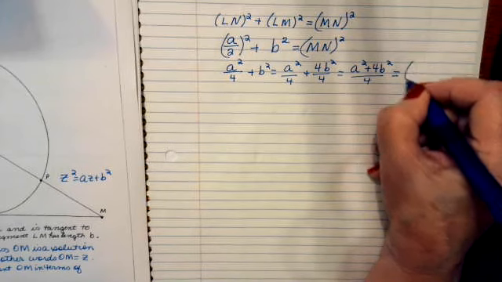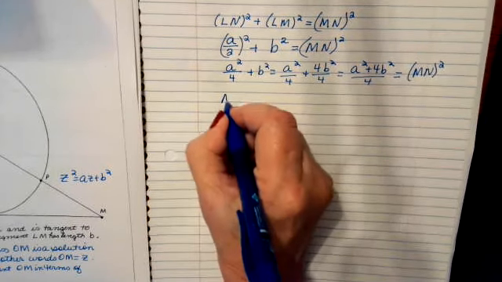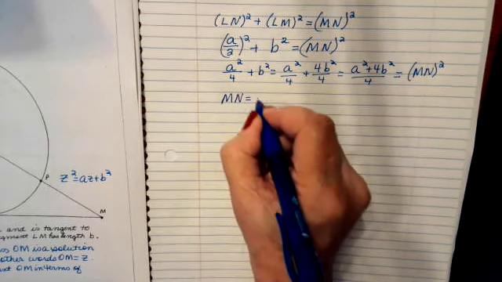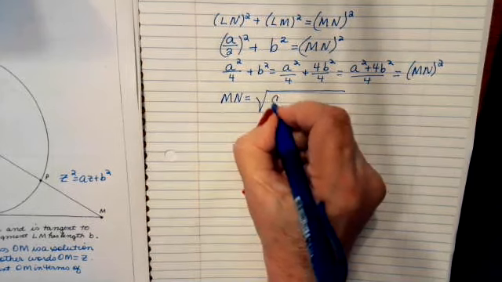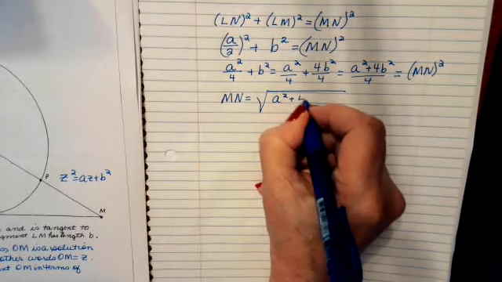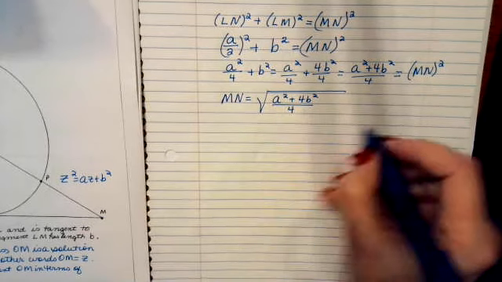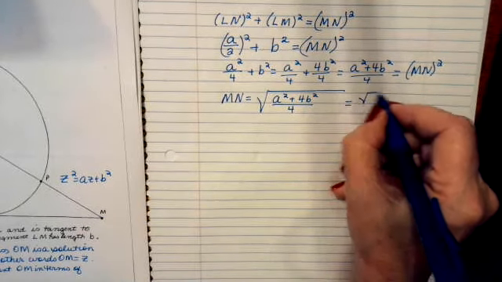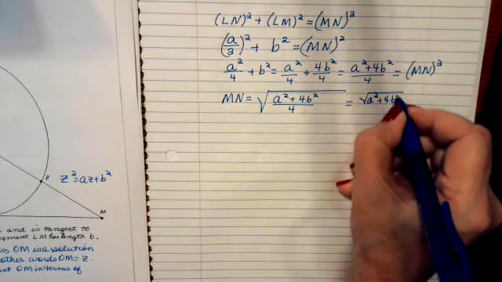And that's equal to MN squared. So MN is equal to the square root of that fraction, A squared plus 4B squared over 4, which is the square root of A squared plus 4B squared over 2.